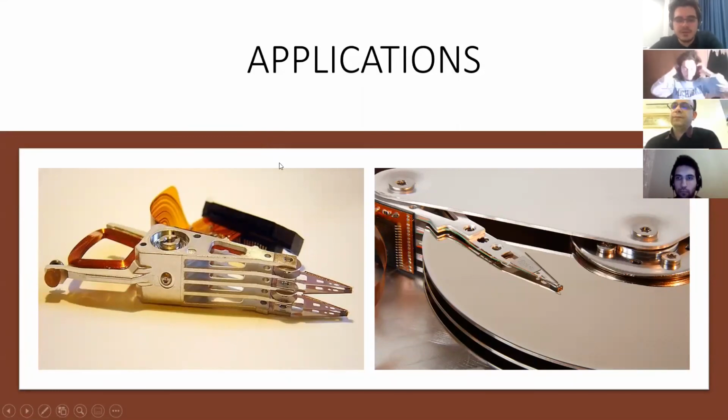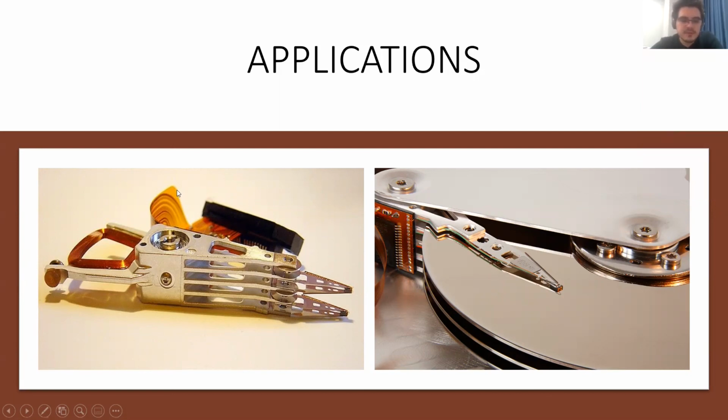Applications of exchange bias are really broad in industry. A simple example is that exchange bias materials can be used in the read and write heads of hard disks, which increase the density with which we can store data in our daily or industrial use.